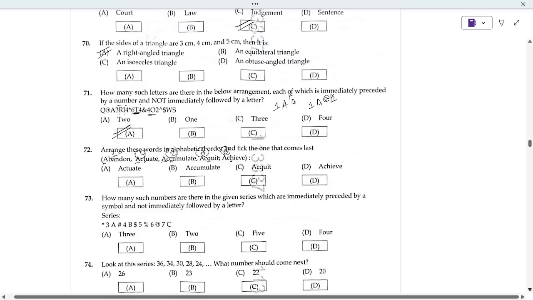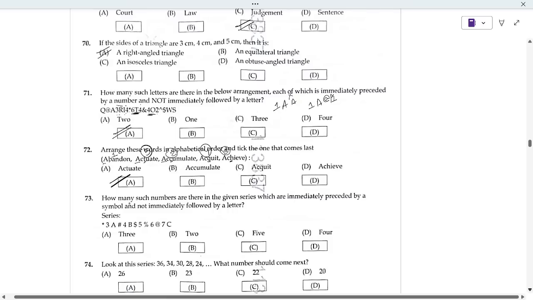Q comes first, that means this will be the answer. Why? Because Q comes first, right? L M N O P Q R S T, so T is last, that means 4 will be here and 5 will be here. The last one is A C T U A T E.